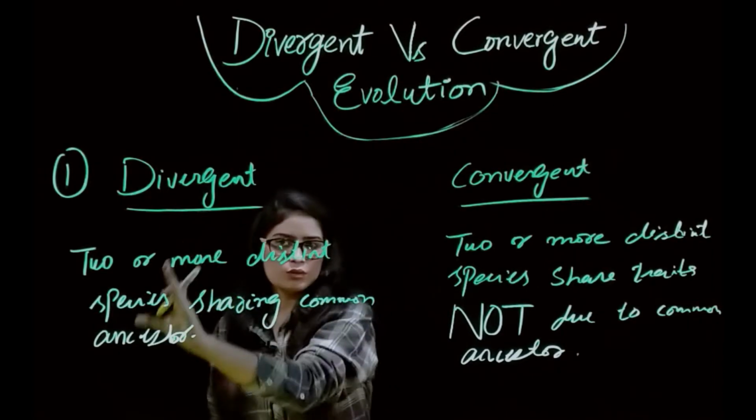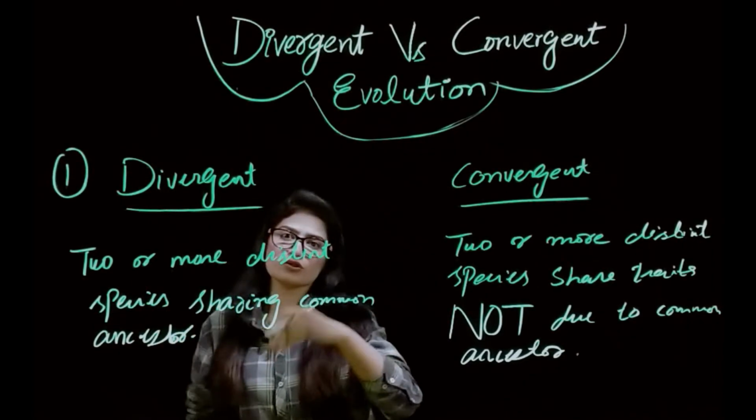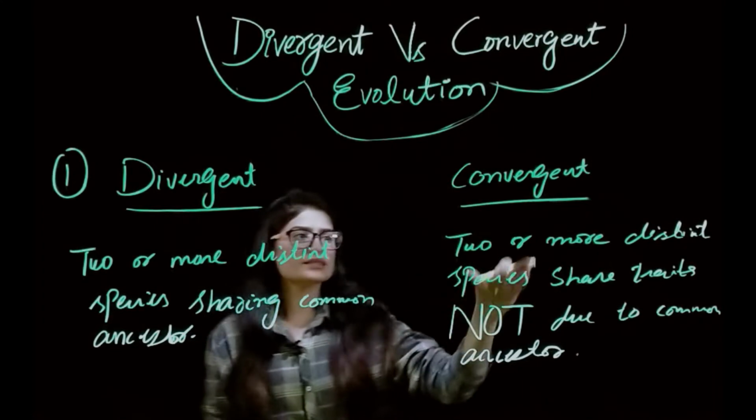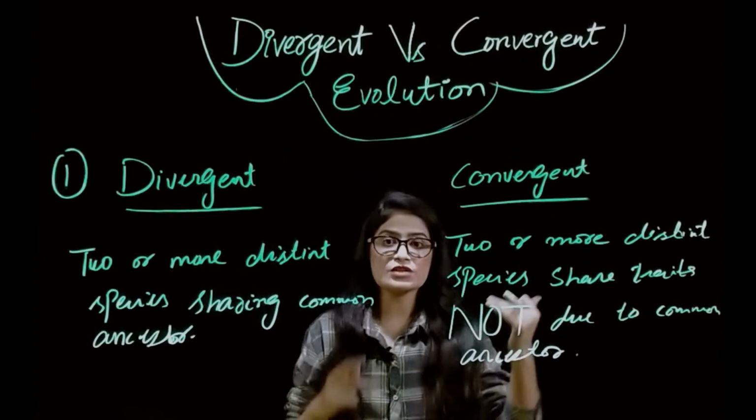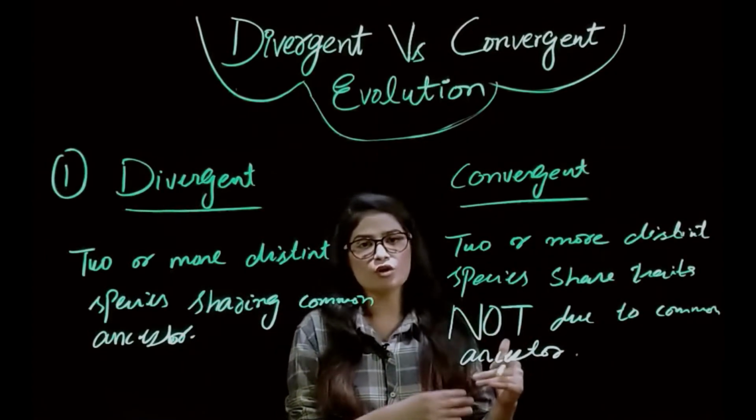In case of divergent, two or more distinct species share a common ancestor, while in case of convergent evolution, two or more distinct species share traits not due to their common ancestor.